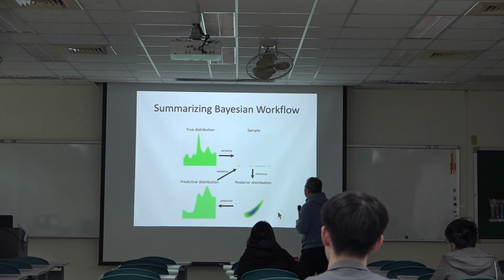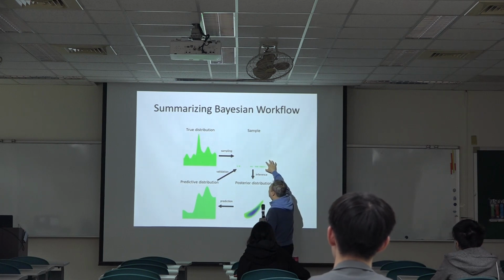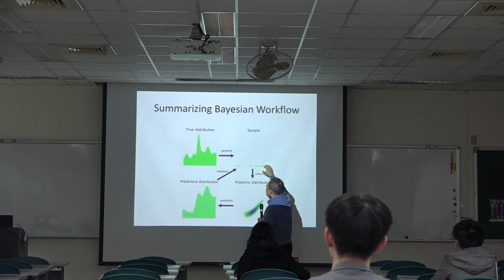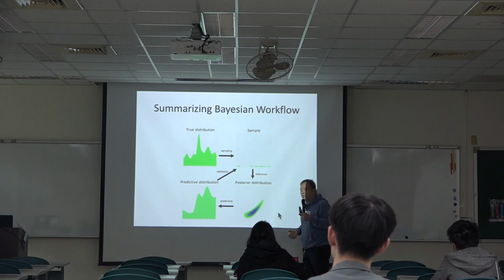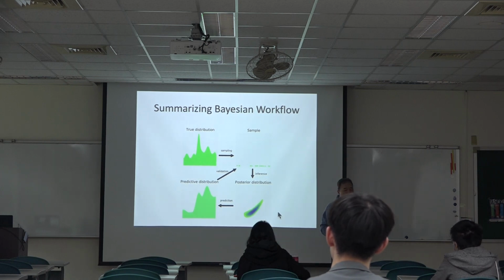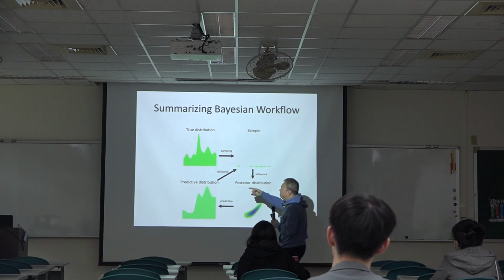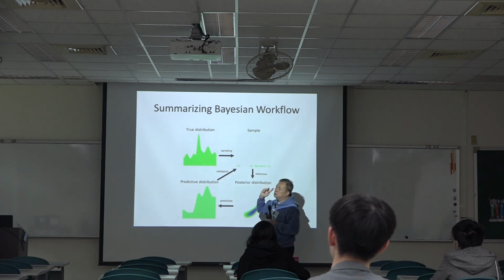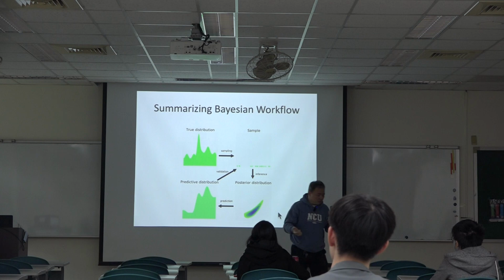So these are the points, these are the data, and with the data, by constructing a model, which contains the prior, which most likely may not represent the true distribution, it's your assumption, right?